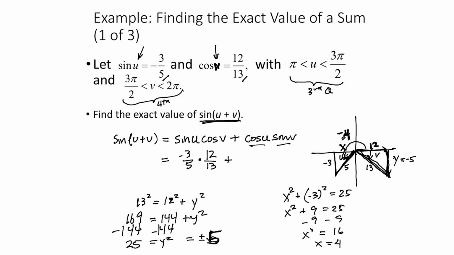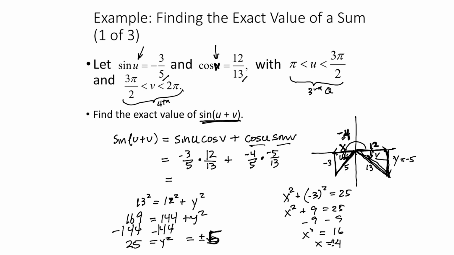But when we take the square root, we actually get positive and negative. But in the context, this is a negative x. And we're in the third quadrant. Both cosine and sine are negative in that quadrant. So that gives me adjacent over hypotenuse, so negative 4 over 5, multiplied by the sine of v, which sine is opposite, so negative 5 over 13.